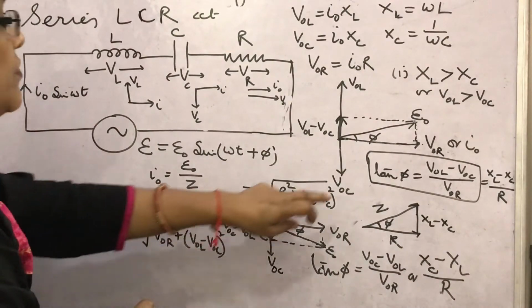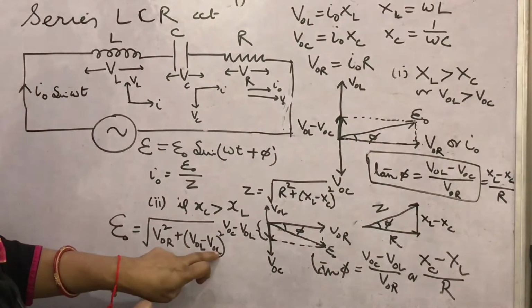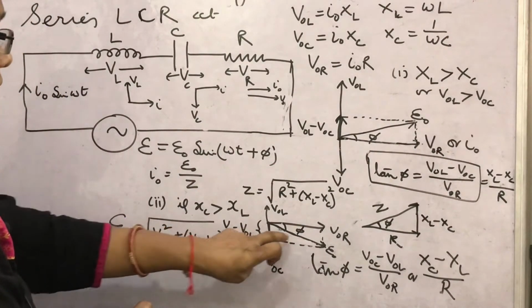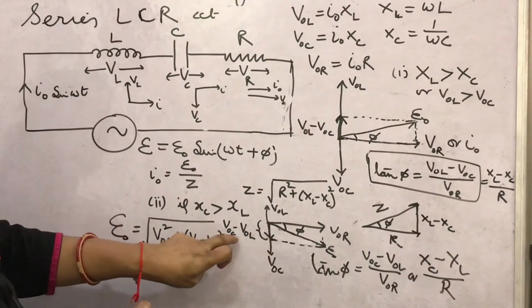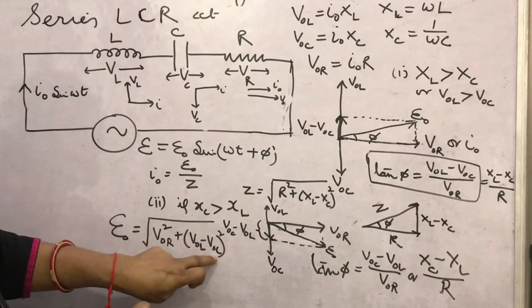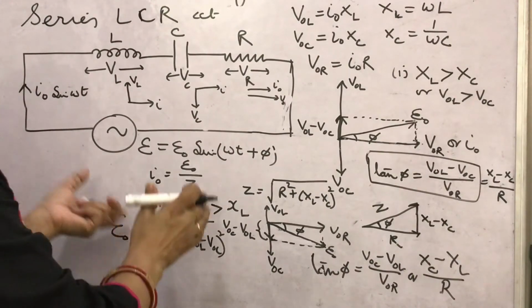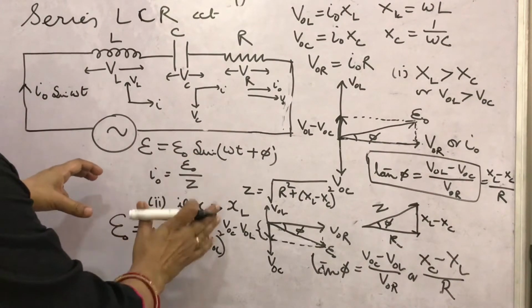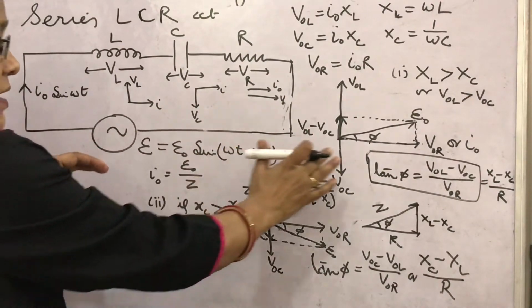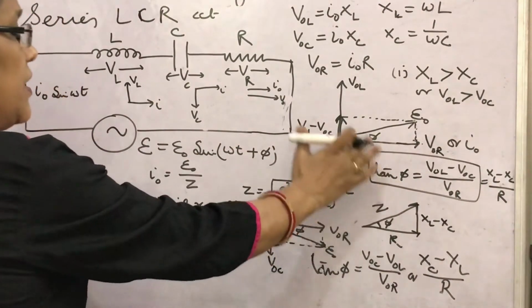In case of this circuit, when V naught C is greater than V naught L, it is V naught C minus V naught L whole square. So in this way we are able to find the applied voltage and its phase angle between current and voltage.